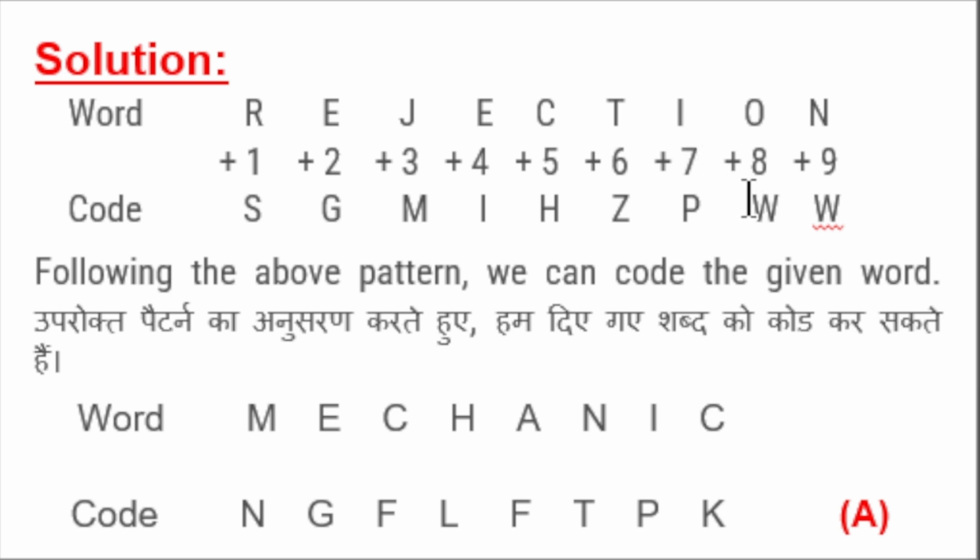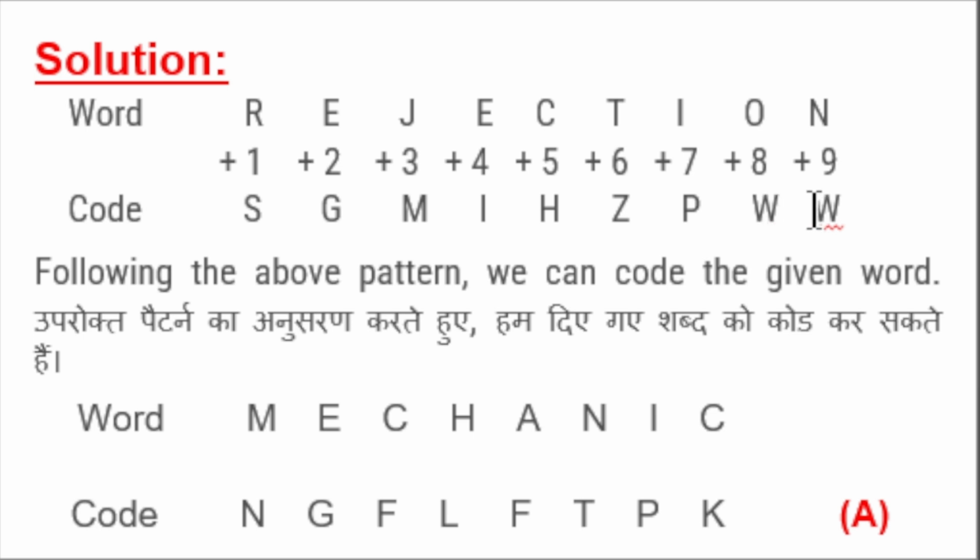W comes after O after 8 letters: P, Q, R, S, T, U, V, and then W. That means W is the 8th next letter.